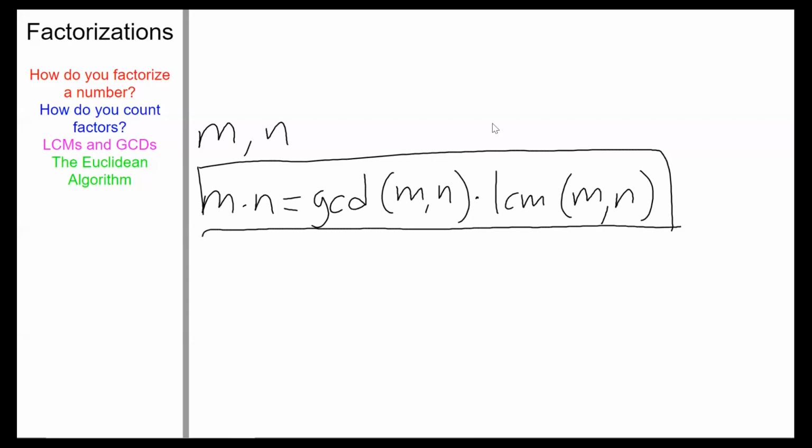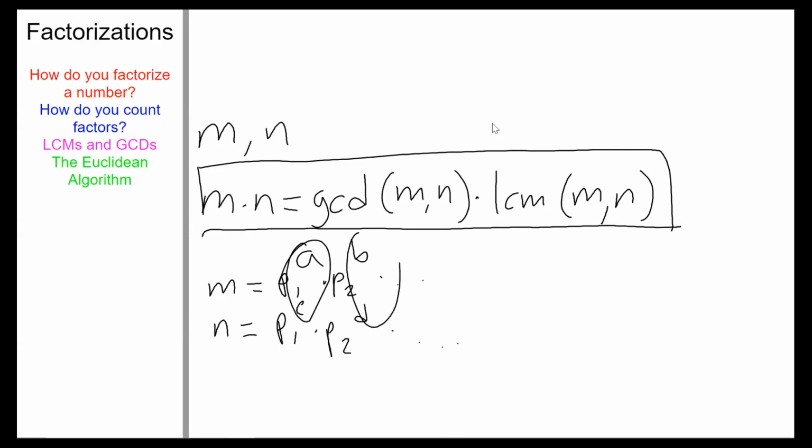And if you think about it, this is actually true, because remember last time, in order to find the GCD, let's say that the prime factorization of m was p1 to the a times p2 to the b, etc., and n was p1 to the c times p2 to the d, etc. Then the GCD is found by taking the least of a and c and the least of b and d.